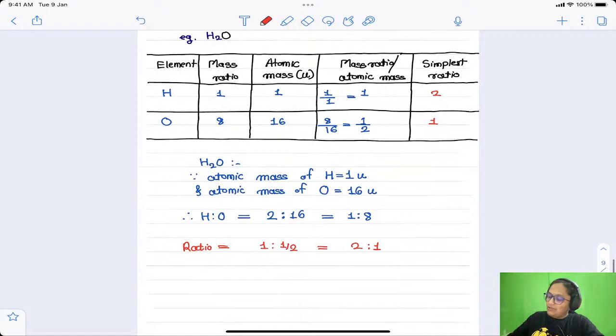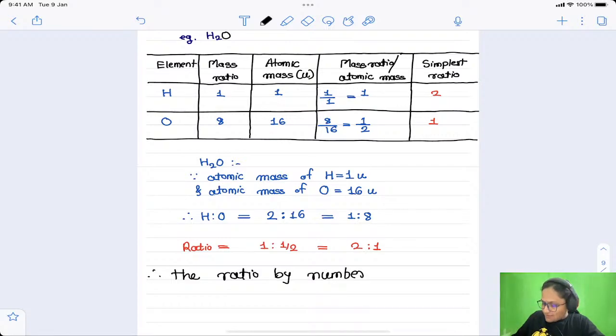So I will conclude. I will write down the conclusion. Hence, the ratio by number of atoms for water is hydrogen to oxygen equal to 2 : 1.